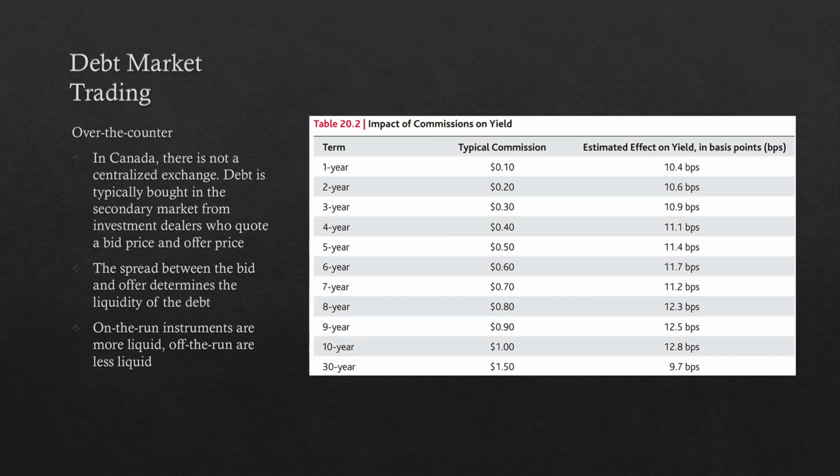And you can see the impact of commissions. Commissions definitely play a factor in bonds. You can see that the commission usually goes up with the term of the debt, but it does factor into the yield a little bit as well. So the estimated effect on the yield, you can see, ranges from 9.7 to about 12.8 basis points.